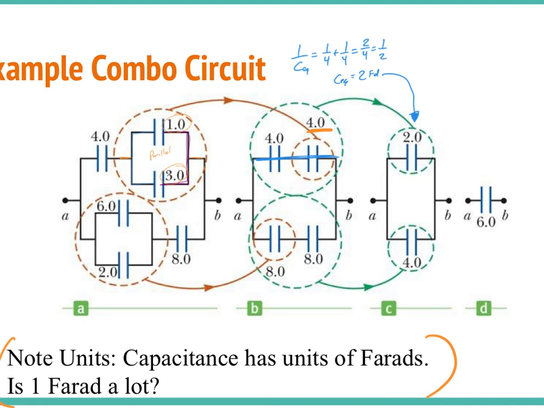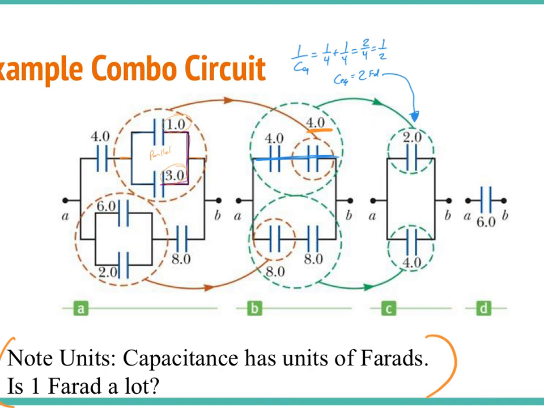When we reduce this entire giant combo circuit from 6 different capacitors on the left all the way down to a single capacitor over here on the right, it reduces down to a 6 farad capacitor, which is ridiculous, because we could have just used this 6 farad capacitor.